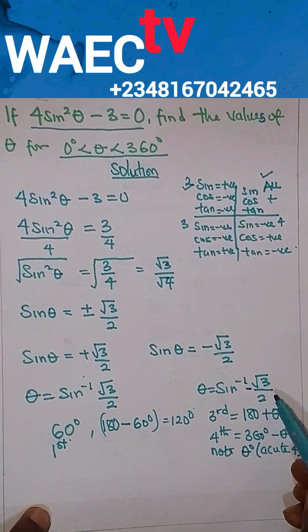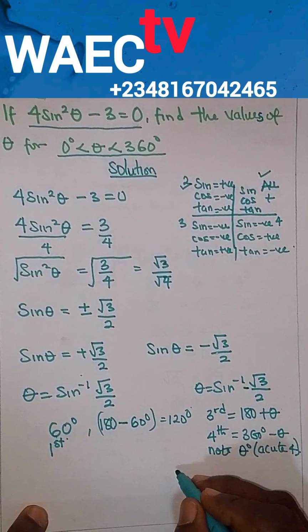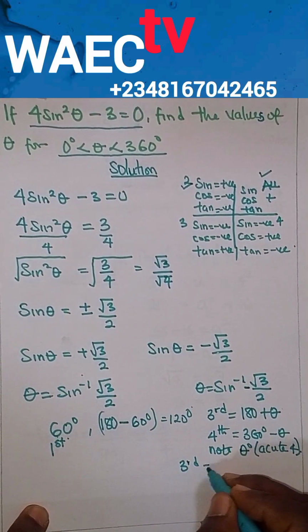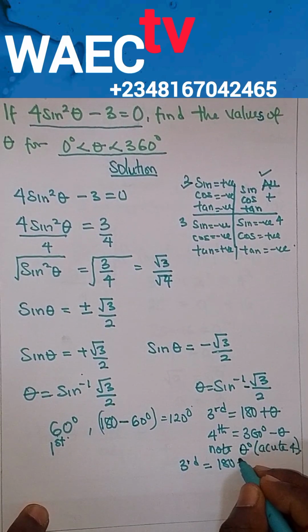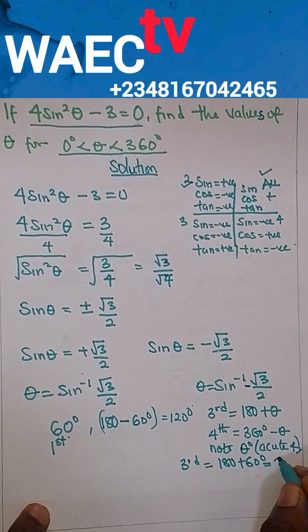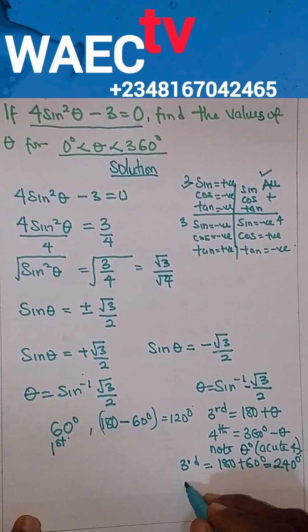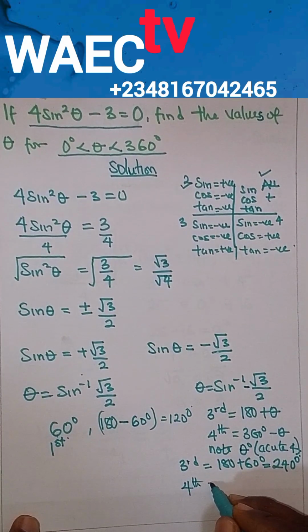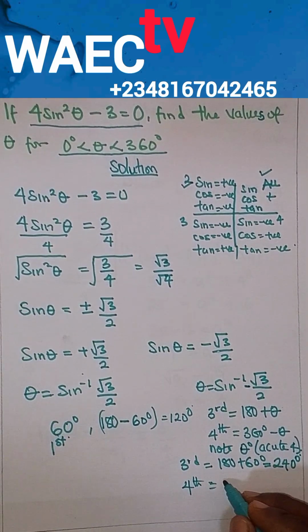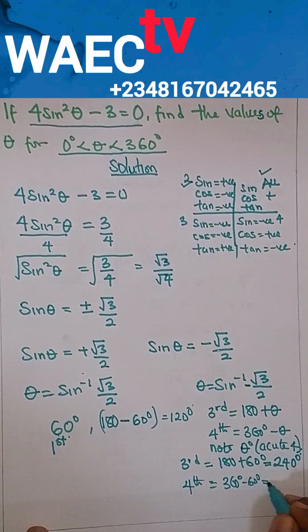So since sine inverse of root 3 over 2 is 60, to get the angle in the third quadrant, we simply do 180 plus 60 degrees, which gives us 240 degrees. To get the angle in the fourth quadrant, we simply do 360 degrees minus 60 degrees, and this gives 300 degrees.